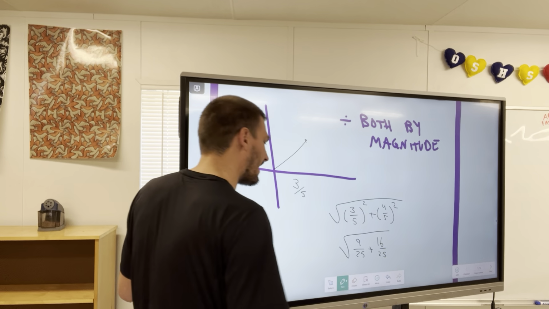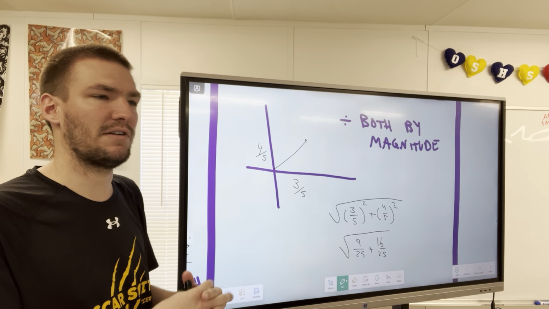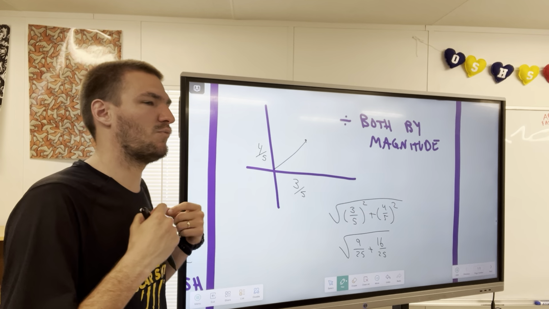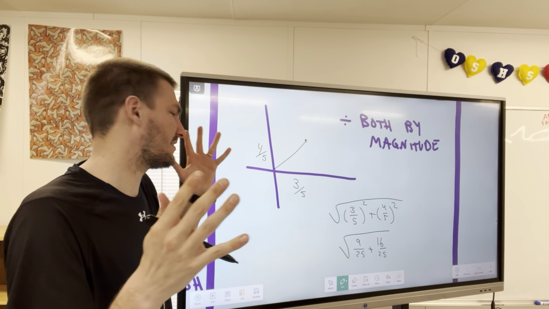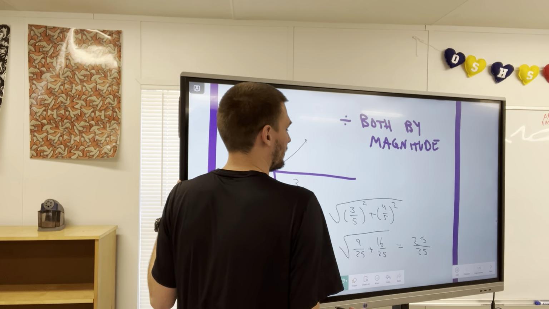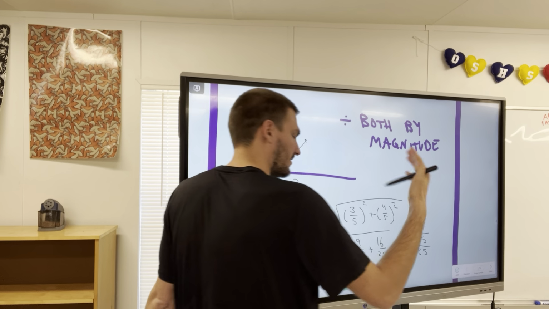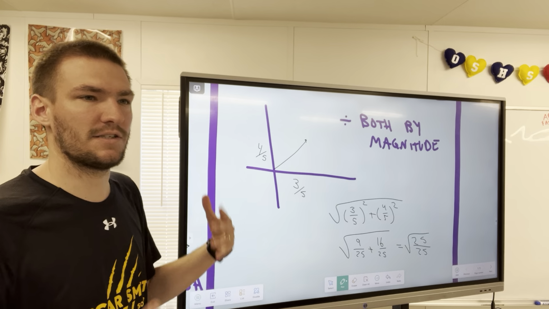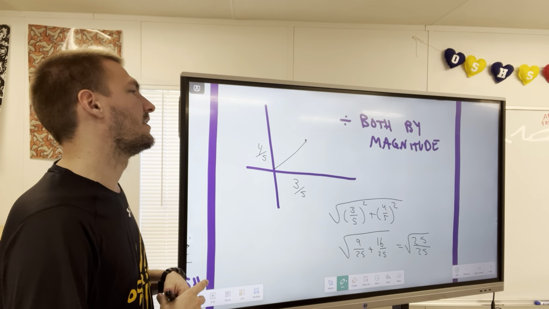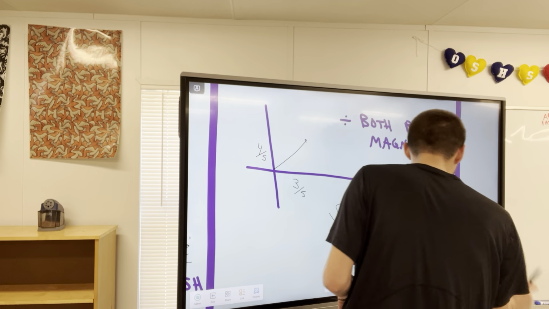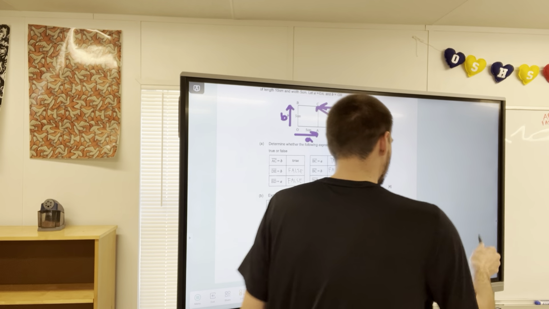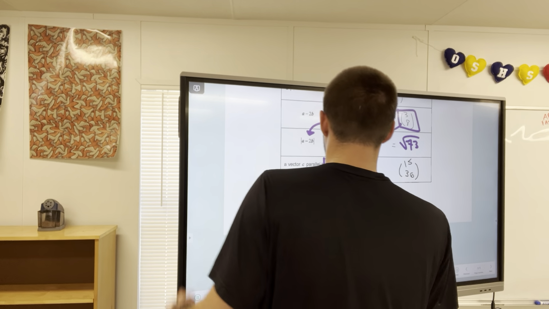And so just like last time we got 9 plus 16, which makes 25, but this time we've almost put in the perfect counteract so that when we do 9 plus 16 and we get 25, there's already a 25 there. And so 25 over 25 just makes 1. The square root of 1 is just 1. And so that's how you make a unit vector, which seems strange, but definitely not hard at all.